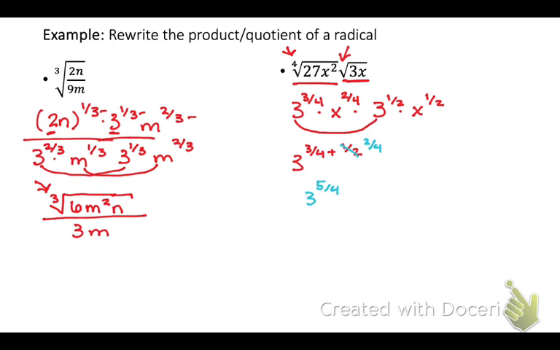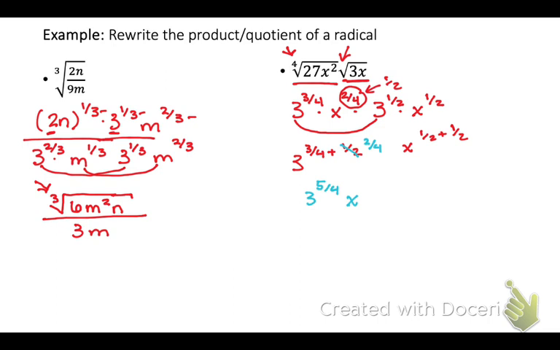Okay. And then I have x. Well, what is 2/4 reduced to? 1/2. So I have 1/2 plus 1/2. I'll write it just so you can see it, which is just going to be what? 1. Okay, so x. Now what? Because I'm not done. Now you need to get the leftovers.